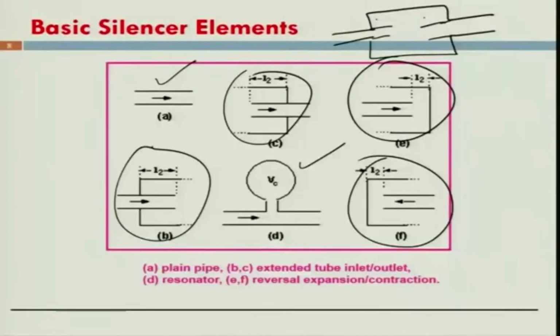We will probably have a look at it in the next lecture perhaps, but I guess it is important to just introduce these elements. And another one is of course a flow reversal expansion and flow reversal contraction, where the flow comes in here and it is forced to move like this. It produces a lot of back pressure though, but this cavity acts like a resonator, so does this one. Depending upon the diameter and this length, it might be a short cavity or long cavity. So, the wave propagation might be, we might cleverly choose a direction of wave propagation.